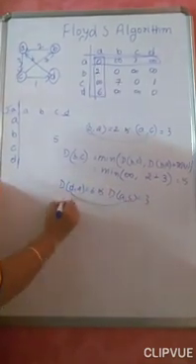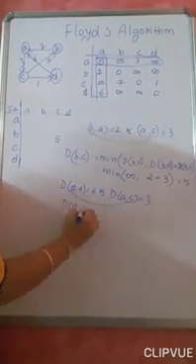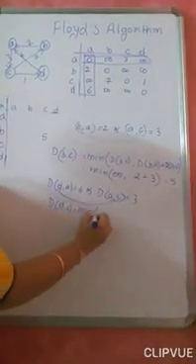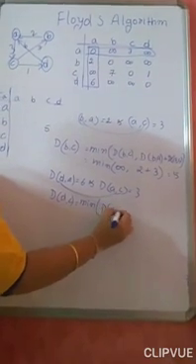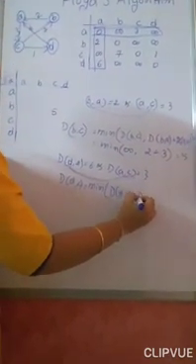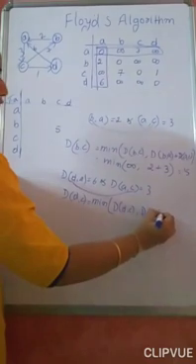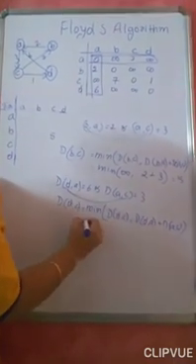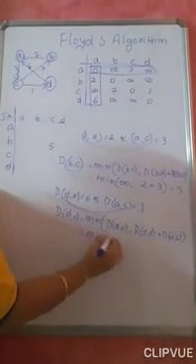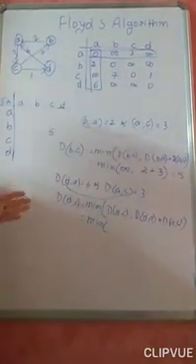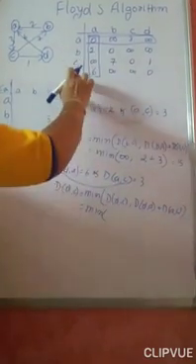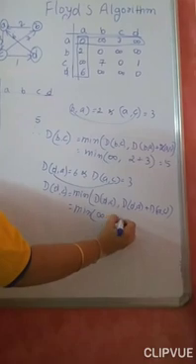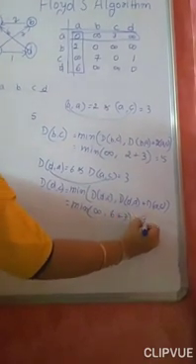Therefore, the distance from D to C is the minimum of the previous distance D to C and the distance through A, D to A plus A to C. So it is the minimum of: previous distance D to C, infinity, and through this if I go, it is 6 plus 3, which is the minimum, 9.